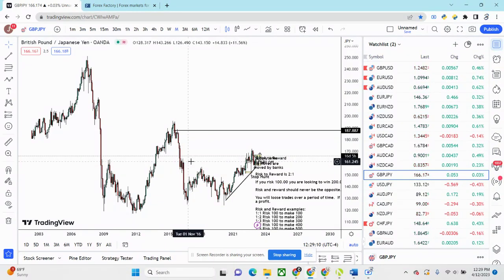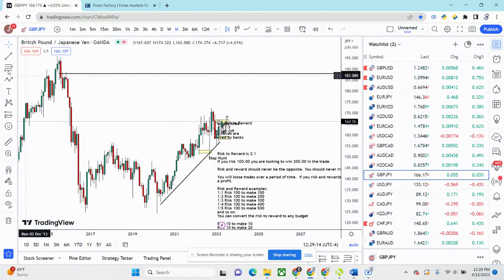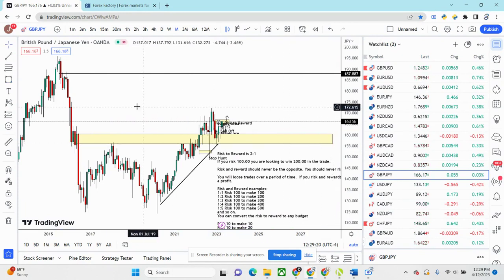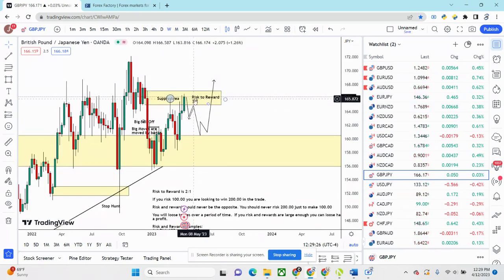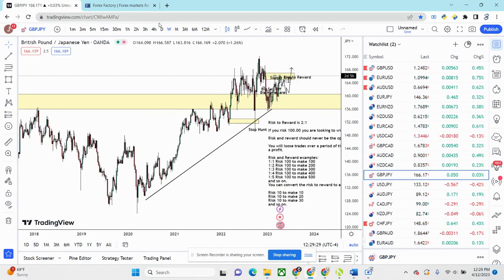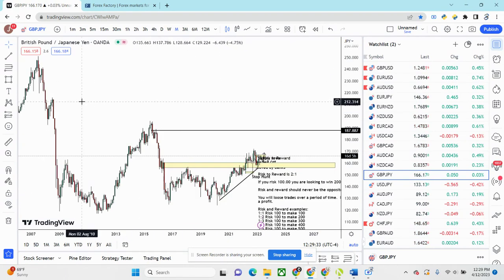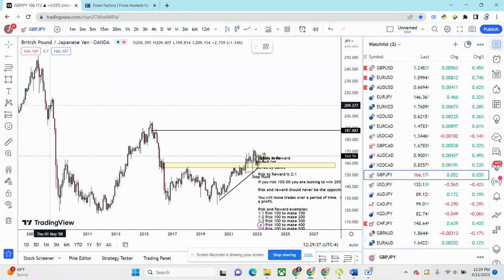See, it broke this, so if you use this as a breaker block, you kind of look left. I mean, it has already mitigated, broken, and now we're back above that, and it came back down to mitigate here, and it just looks to me like it might come down, but I believe it's going to shoot up to this area here, or possibly even this area way over here, because this has not been mitigated yet.